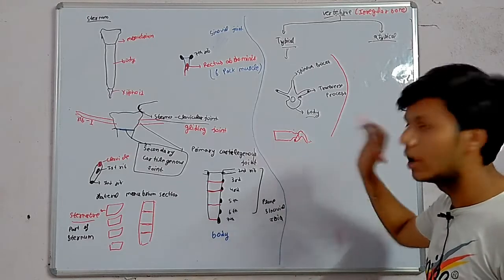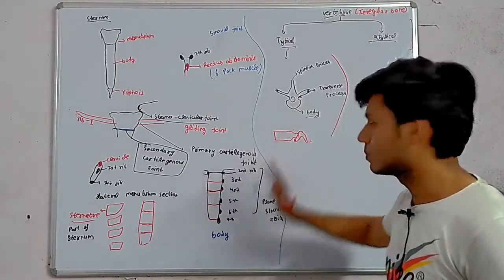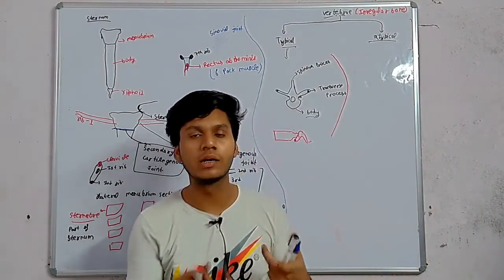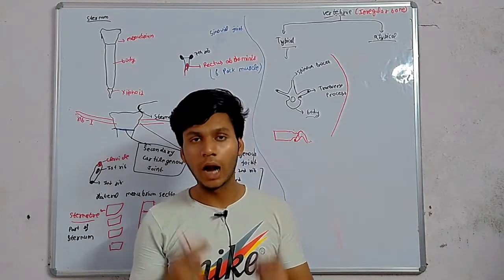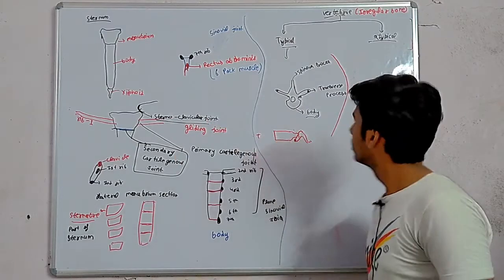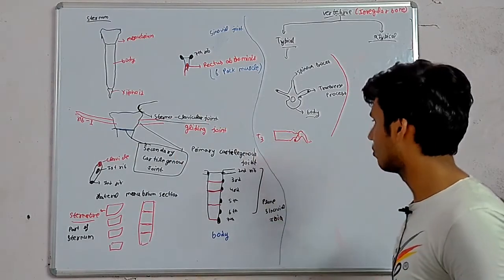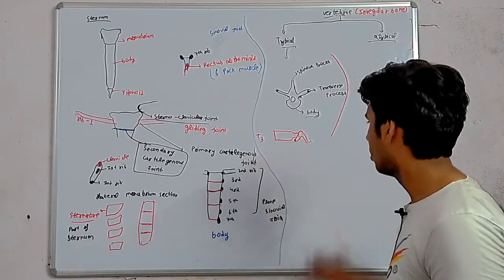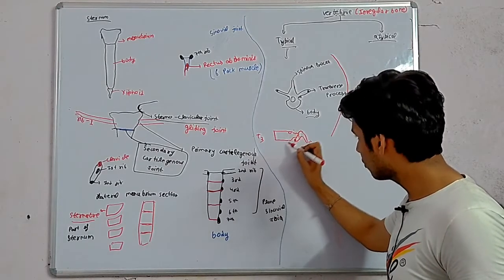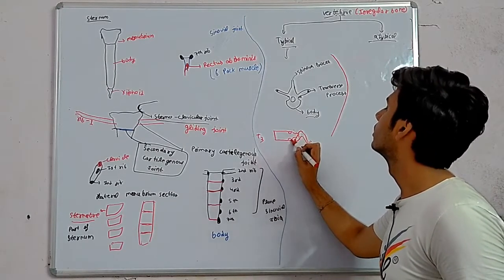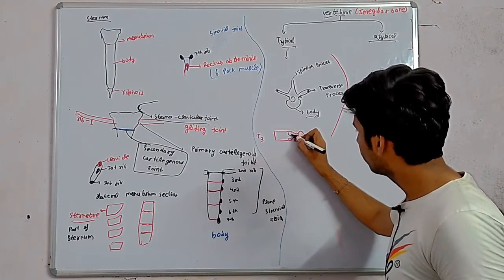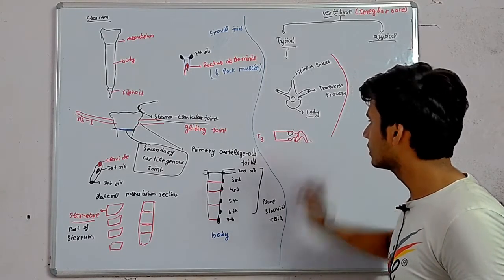This is the spinous process. And one important thing, on the lateral aspect it contains two facets like demifacets. What are demifacets? A half facet is called a demifacet, which attaches to particular ribs. Let's say this is the T3 vertebra. T3 is a typical vertebra. The main typical feature: on the lateral aspect, one superior demifacet and one inferior demifacet. The superior demifacet is big and the inferior demifacet is small.